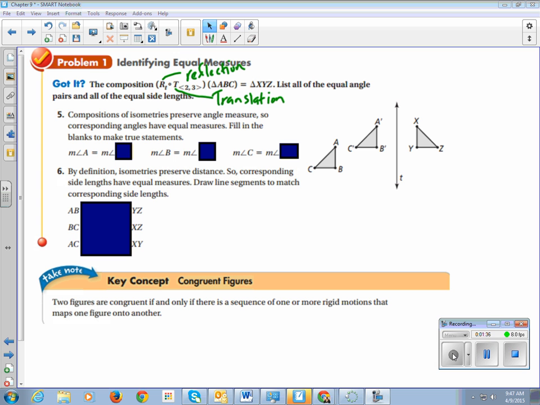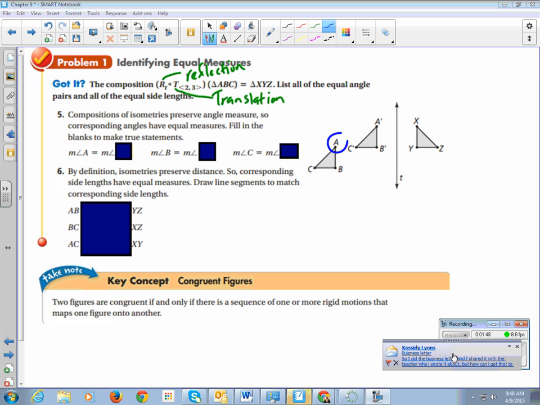So compositions of isometries preserve angle measures. So we're going to get the same angle measures for each translation. So the measure of angle A is going to be the same measure as A prime. The measure of angle B is going to have the same angle measure as B prime, and C is going to have the same angle measure as C prime.